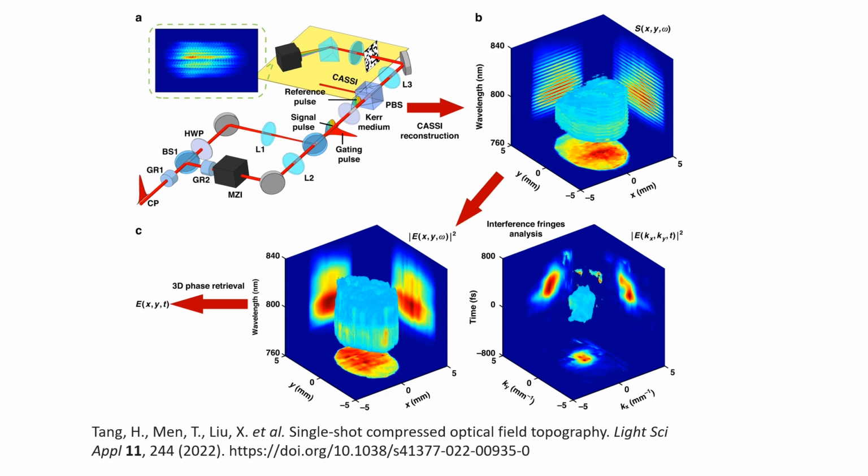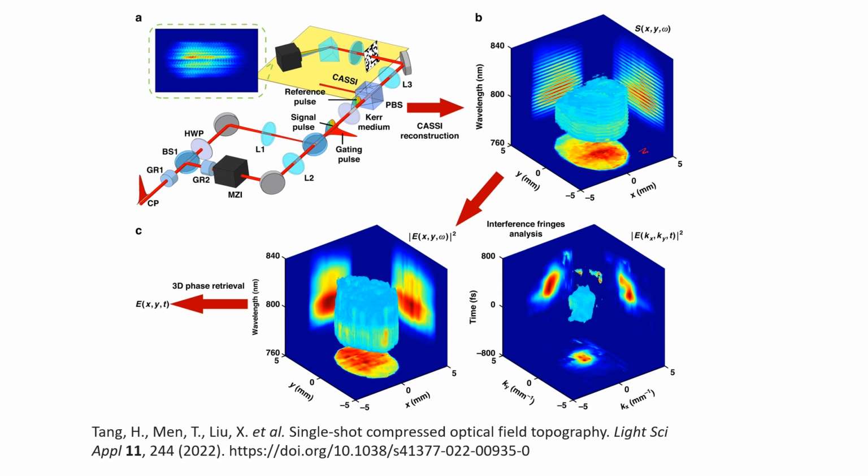So in this case, we have a pulse coming into a CASSI system with time delay, and we see interference fringes in the spectrum measured by the CASSI system, and then by analyzing that interference signal, we can reconstruct the space-time signal in a single snapshot. So you have this single shot compressed optical tomography.